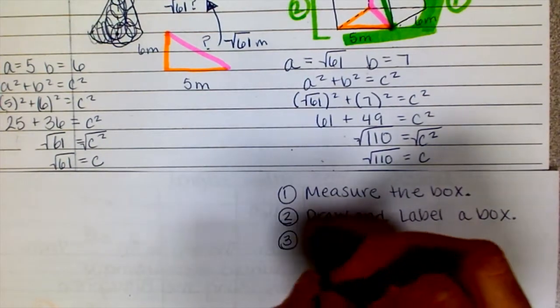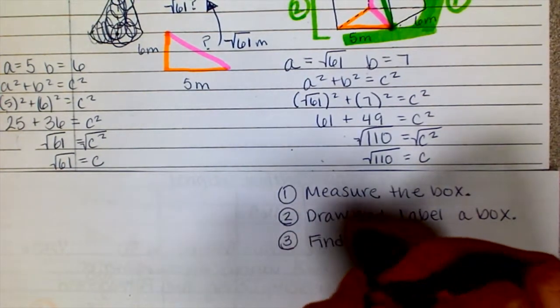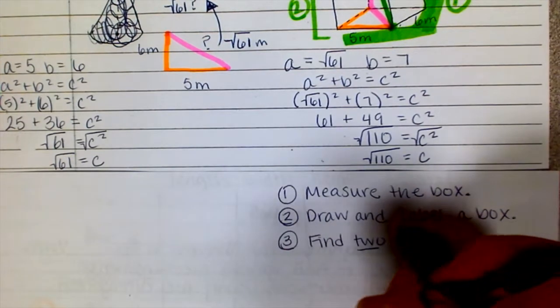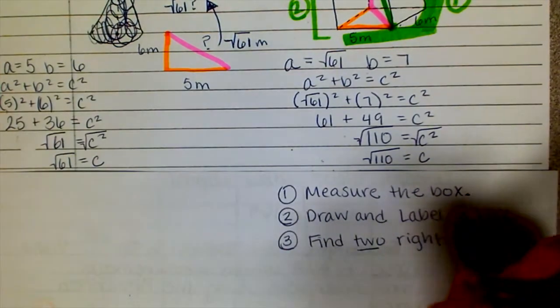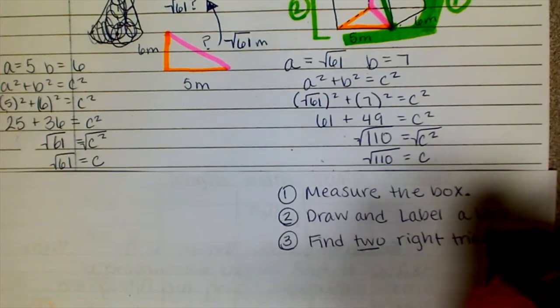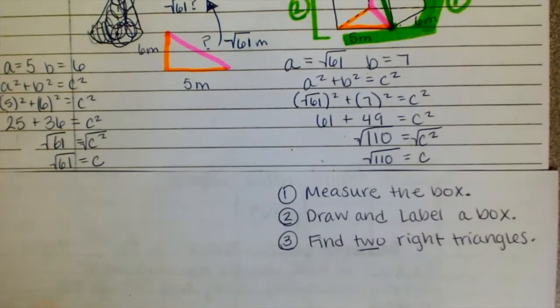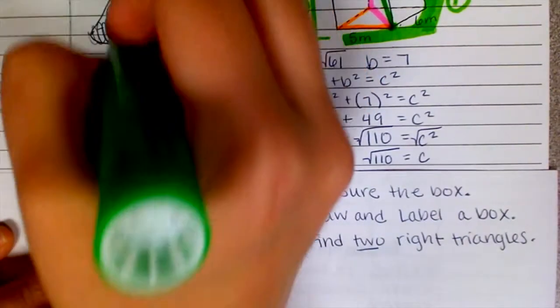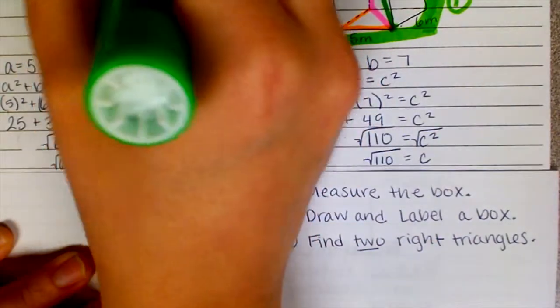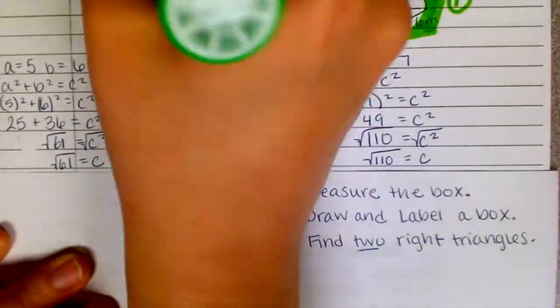Step 3 is to find 2 right triangles. And I did that here. That's step 3.